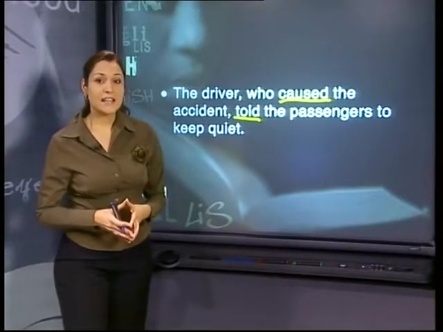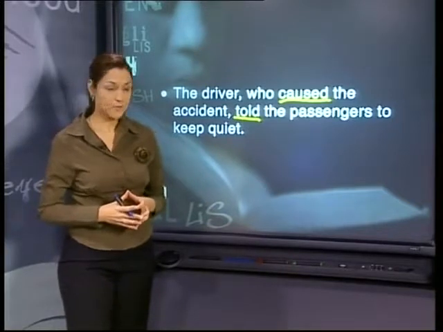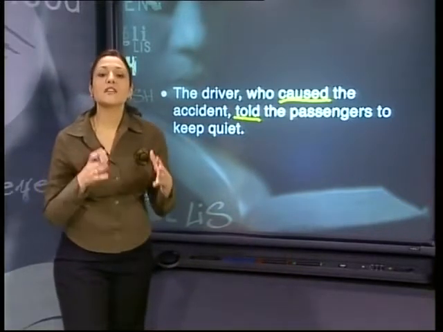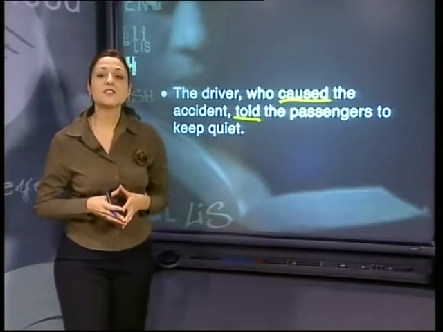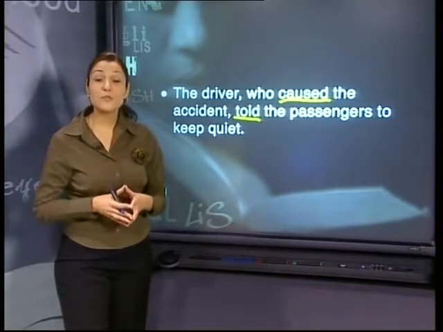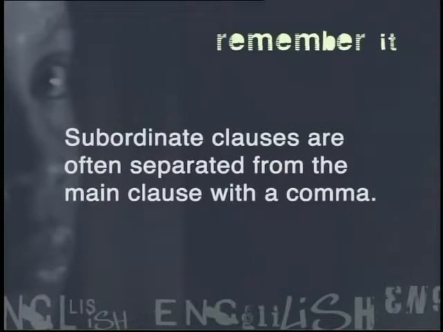In this case, the subordinate clause was in the middle of the main clause. Who caused the accident is a clause, but it can't stand on its own. In this sentence, it tells us more about the driver. Here is a tip that can help you spot subordinate clauses. Subordinate clauses are often separated from the main clause with a comma.